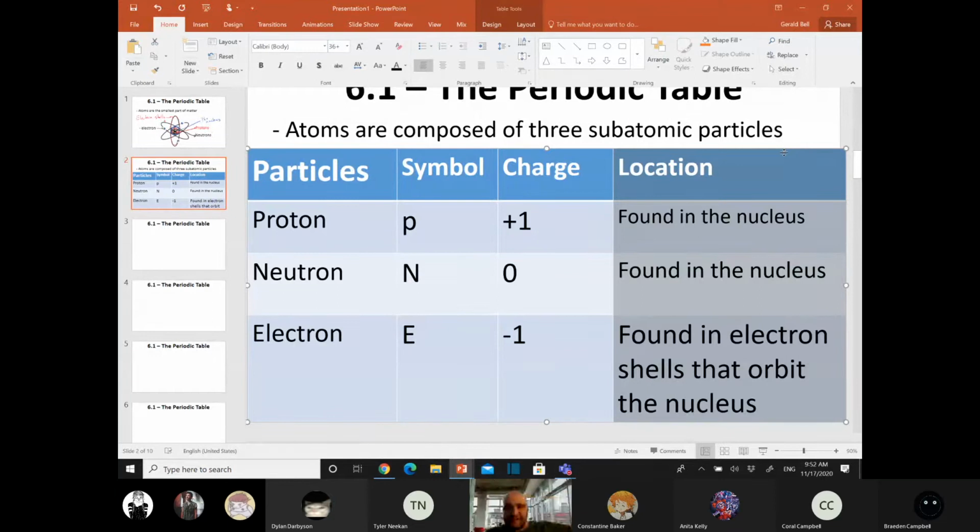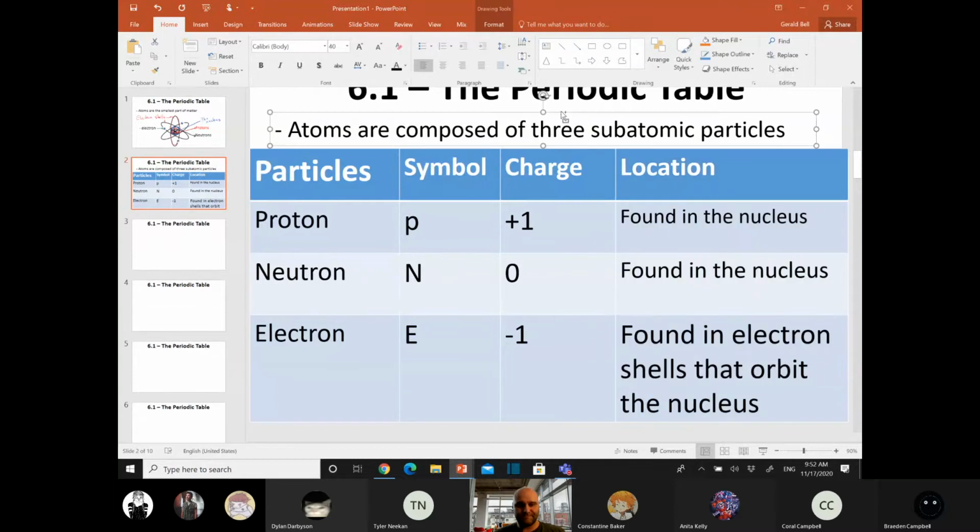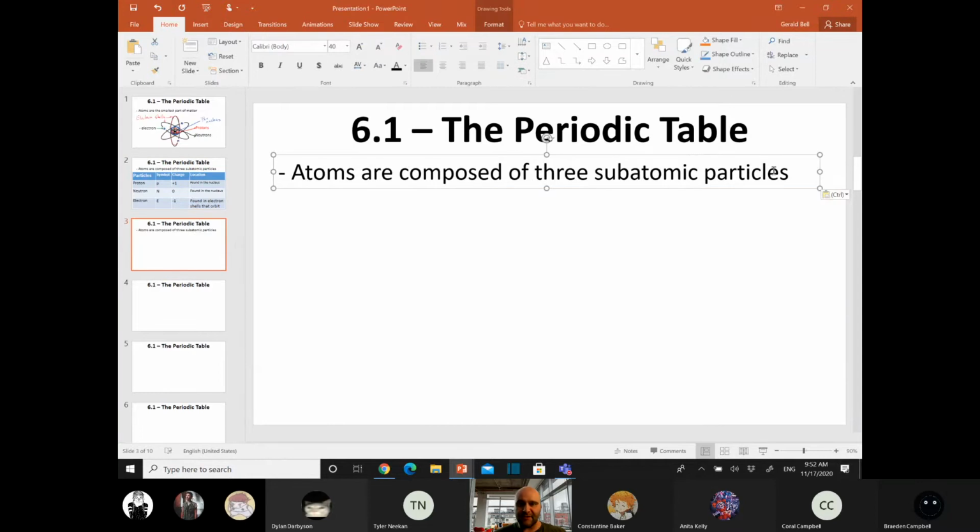Now I do want to investigate these particles a little bit further. I've got a little bit to say about a few of them here. So let's pop forward here. I want to talk about protons.